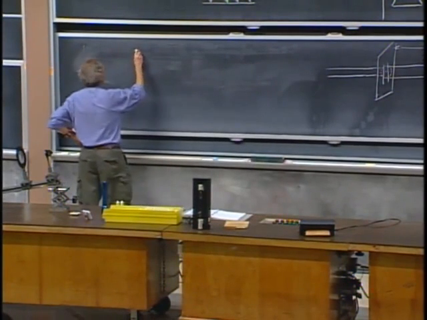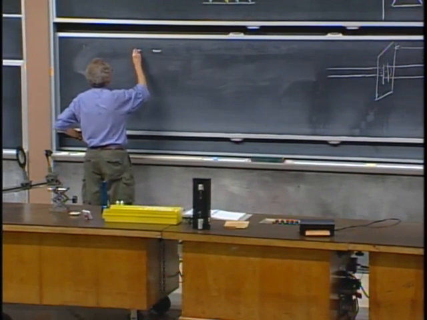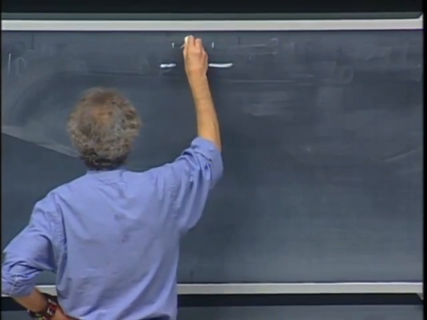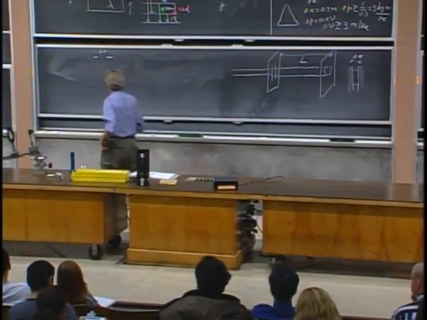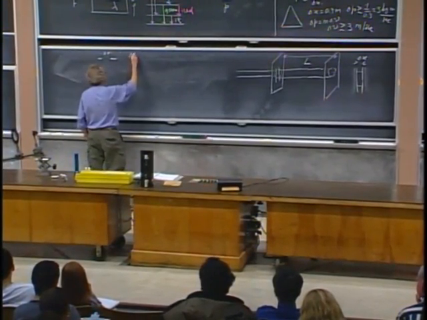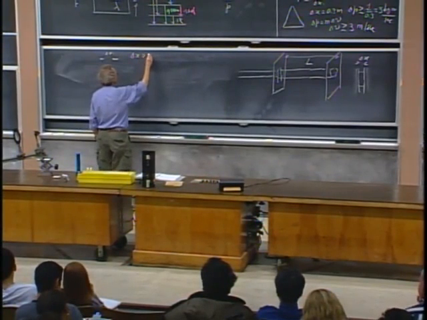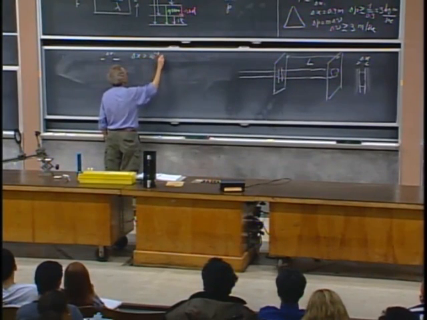Here's the slit. And the slit has an opening delta x. And this delta x we're going to make smaller and smaller. And let us start with a delta x of about 1/10 of a millimeter, which is 10 to the minus 4 meters.